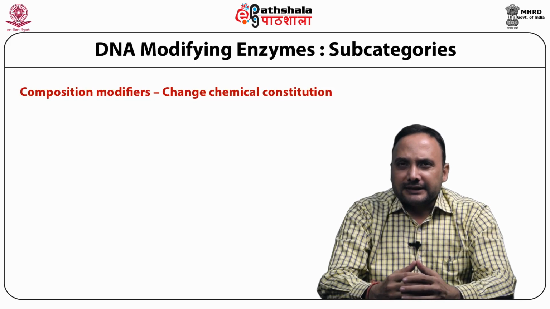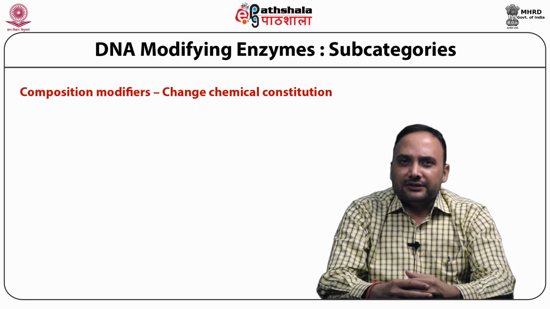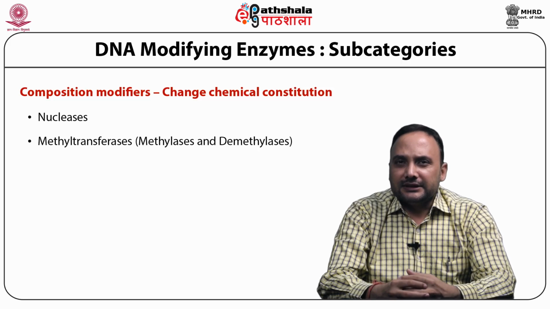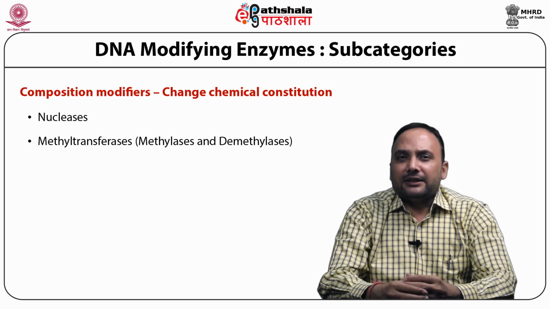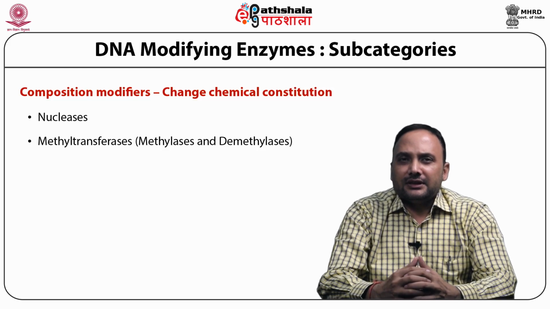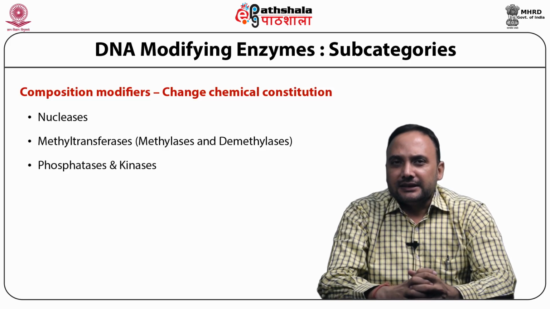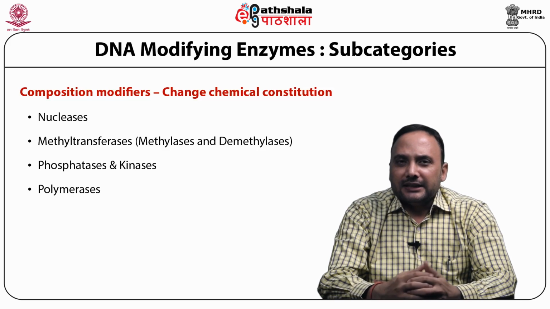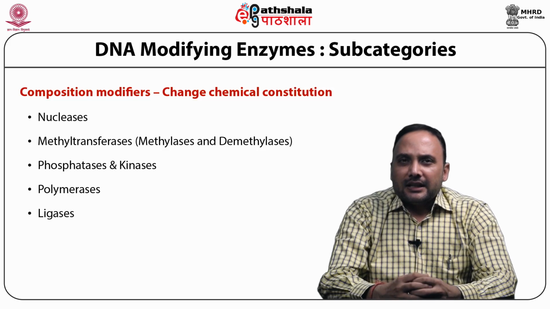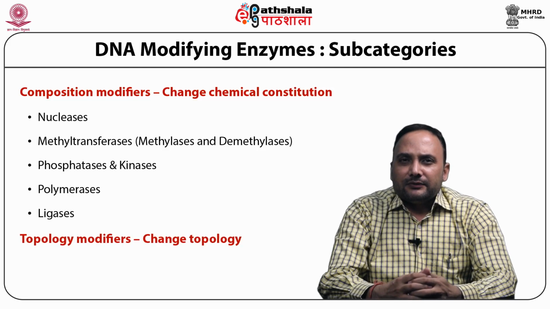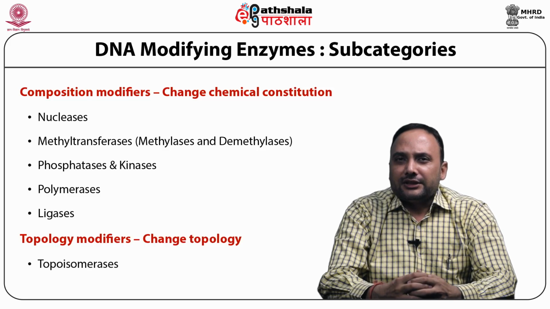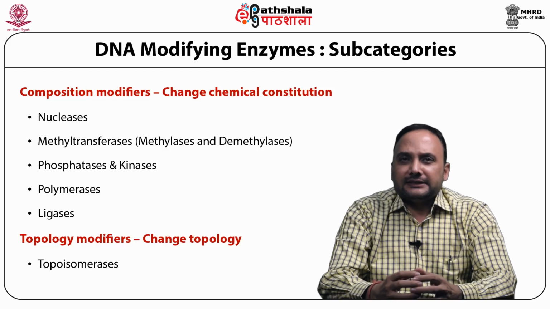The composition modifiers category includes enzymes which can be further subdivided based upon their activities, such as nucleases, methyltransferases, that includes methylases as well as demethylases, and also phosphatases and kinases. Then come DNA polymerases and DNA ligases. The DNA topology modifiers category includes enzymes which are usually referred to as topoisomerases. They are further subdivided into type 1 and type 2 based upon their mechanism of action, as we will see later during the module.